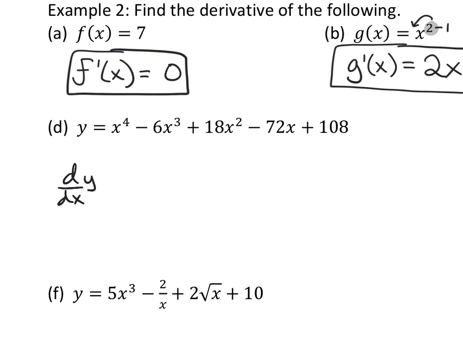So I changed to using this notation. Please note that. We're going to do just the x to the 4th. What rule should I use to derive just this part, x to the 4th? What's that rule called? Power rule. So just focusing on this part, I'm going to take the 4, I'm going to multiply it in front, and then I'm going to subtract 1. So what would the derivative of just x to the 4th be?